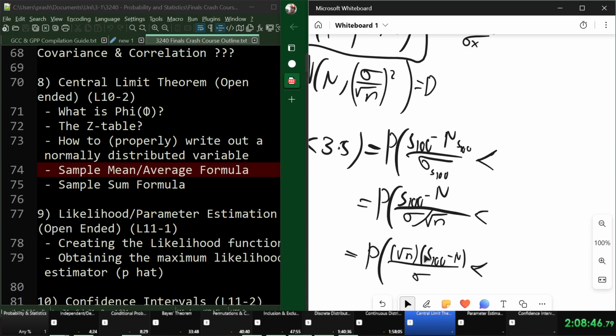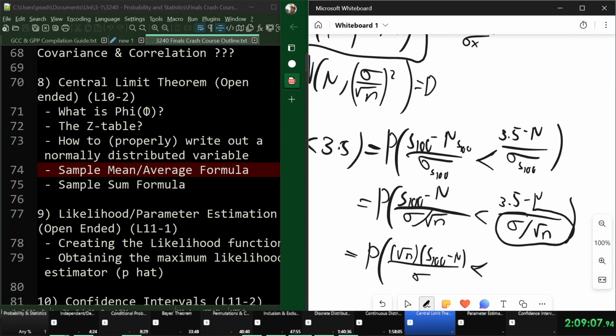Now, we did that for our variable, now for the 3.5. 3.5 minus whatever mu, and we want the standard deviation of S100. I don't have a specific mu right now, I'm just going to put mu, sigma over root n.